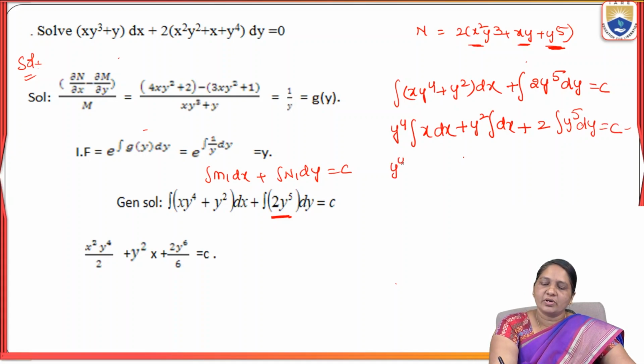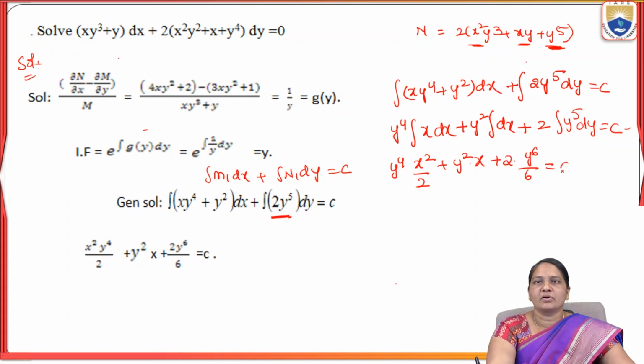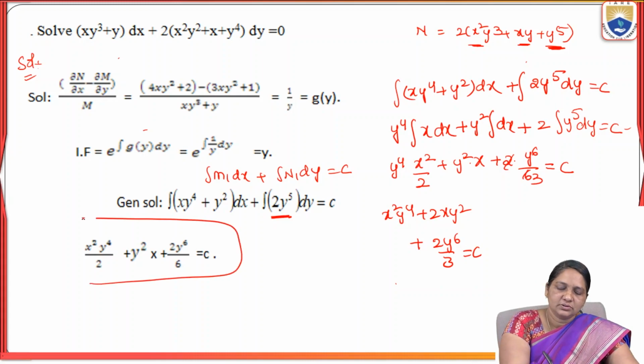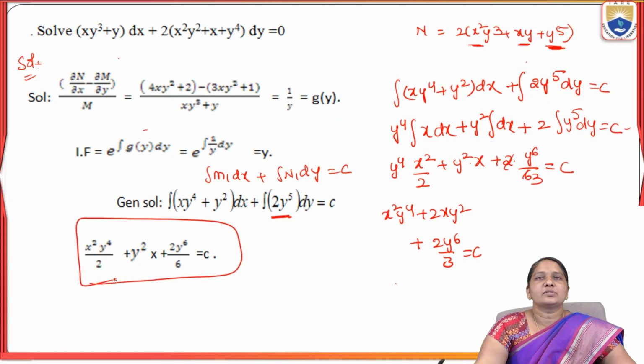So finally this is y⁴ times x²/2, plus y² times x, plus 2 times y⁶/6 = c. Simplifying, x²y⁴ + 2xy² + 2y⁶/3 = c. This is our final general solution of the given equation. This is the way to solve the given equation using method 5.